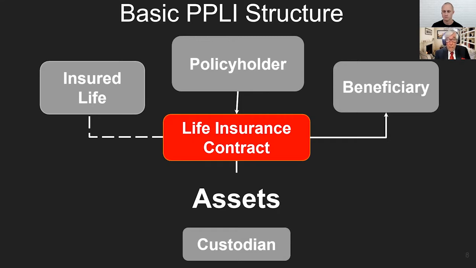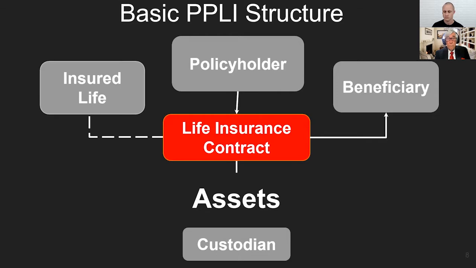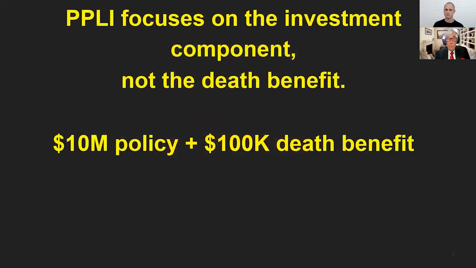And at the bottom here, we have a custodian. It's usually a bank or a trust company of the client's choosing that holds the assets. So again, the assets are flashing because that's the difference.